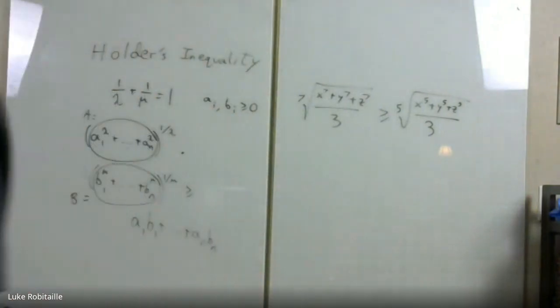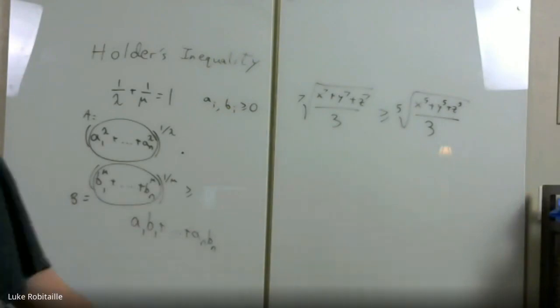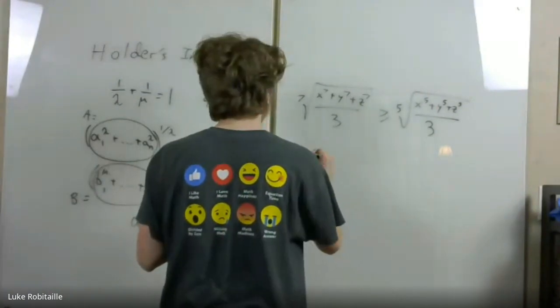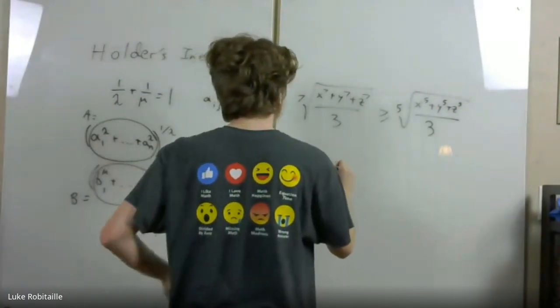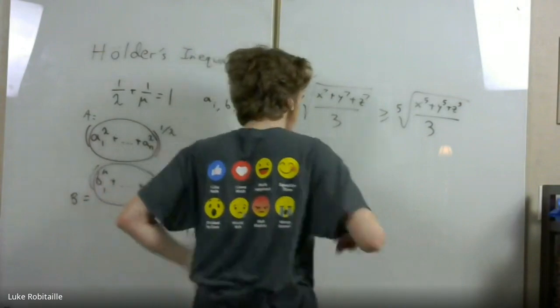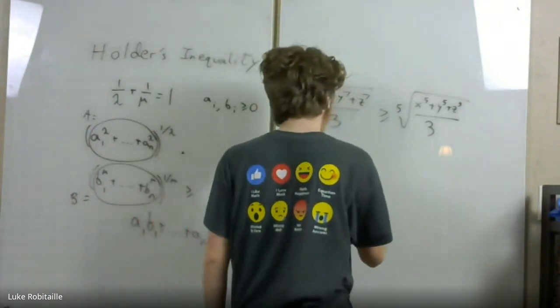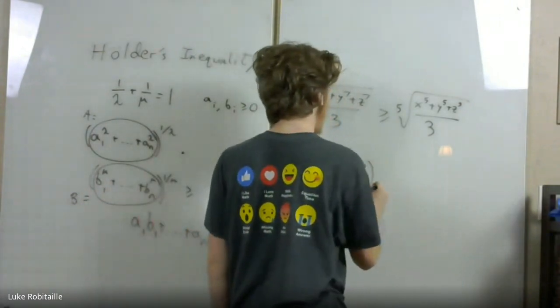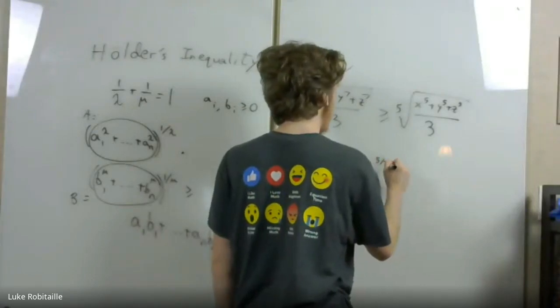Then what you could do is say something like, how do I want to do this? So we want to take something with x. Let's write something like this: (x to the 7 plus y to the 7 plus z to the 7) to the 5/7 power.